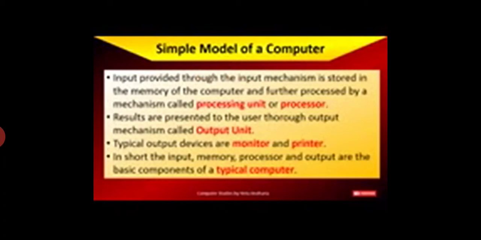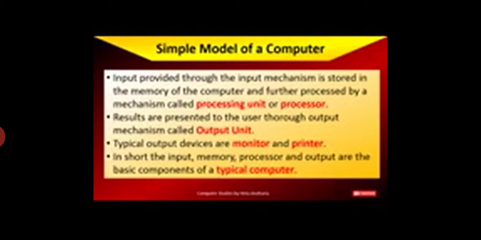Input provided through the input mechanism is stored in the memory of the computer and further processed by the mechanism called the processing unit or processor. Whatever input we provide, for example, if I type something in Microsoft Word, that is the input given by me with the help of the keyboard. Then after that we get the result on the monitor.